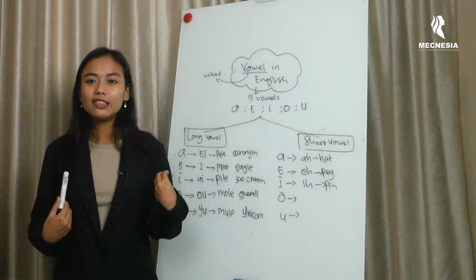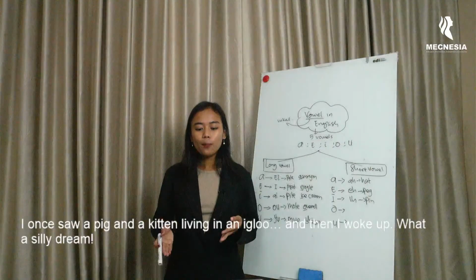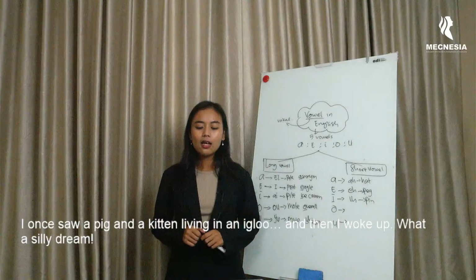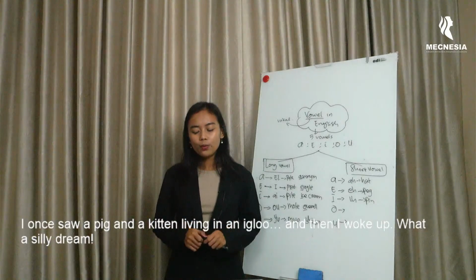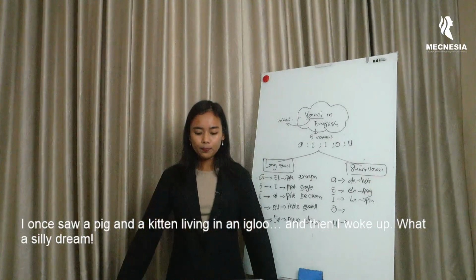Let me read it first and then you have to repeat it. So, I once saw a pig and a kitten living in an igloo and then I woke up. What a silly dream.